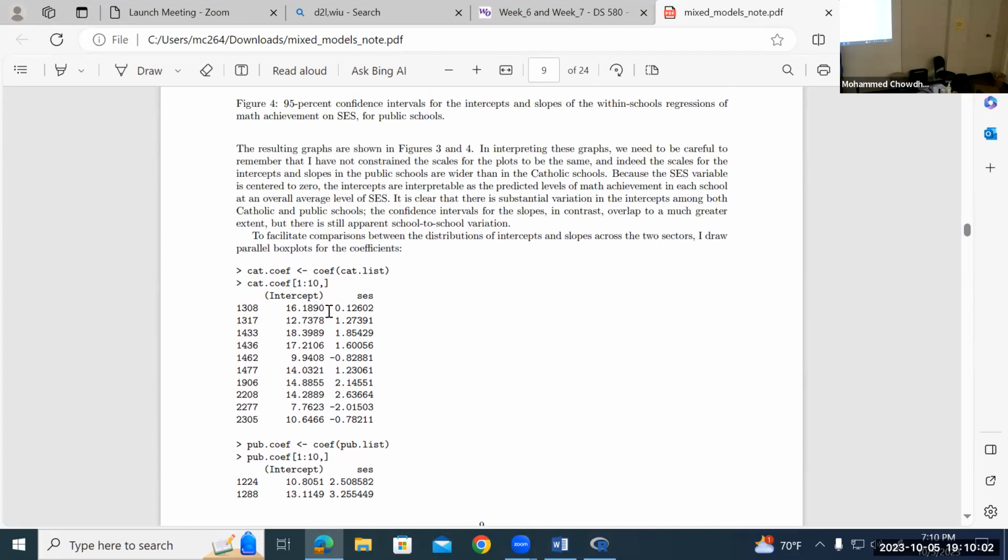In these 10, see, the highest value is 16, the lowest value is 7, right? So it is clear that the starting points are different, the intercepts are different, and the slopes also range from negative to positive, positive 2 to negative 2. That means a 4 point slope difference. And this one is for the public school and that one for the Catholic school.